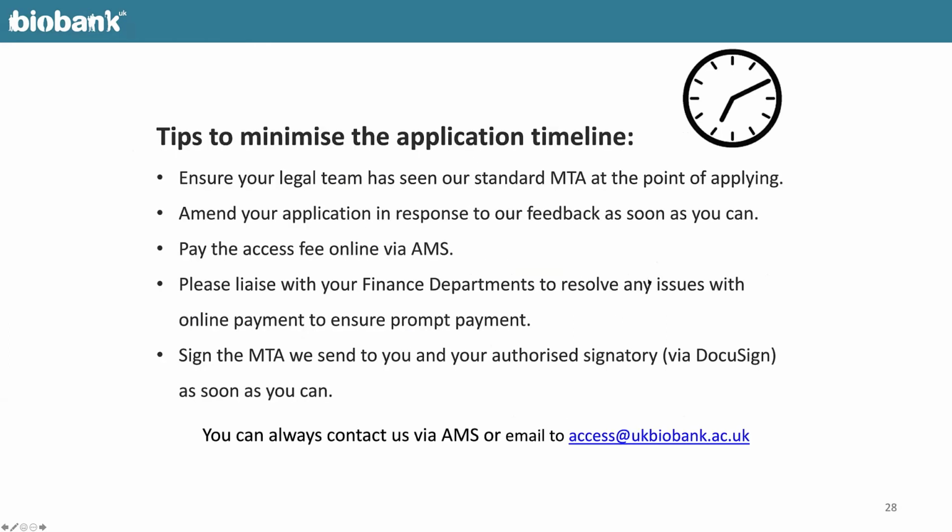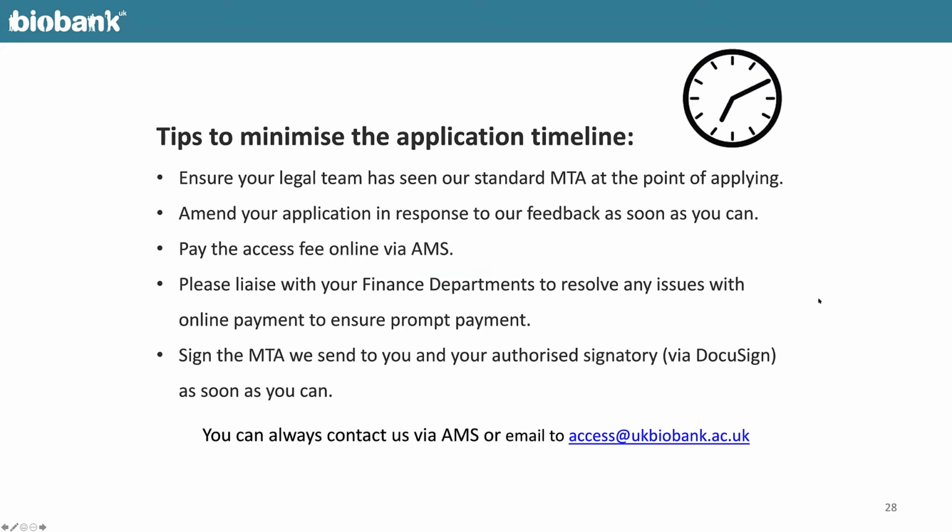So just very quickly at the end, I just wanted to mention a few key hints and tips on how to minimise your application time. Firstly, ensure that your legal team has seen our standard MTA template at the point of applying, and we can provide that to you. I believe we might be able to even put a link to it in the chat. We also ask that you amend your application in response to our feedback as soon as you can, and that you pay your access fee online through AMS.